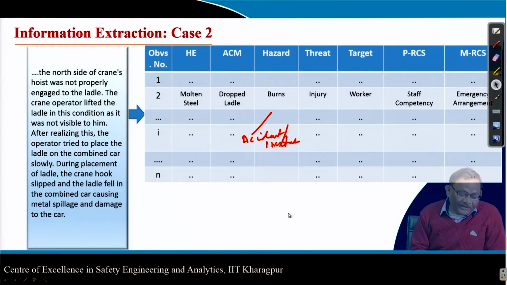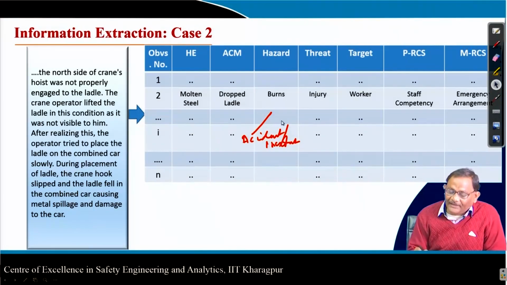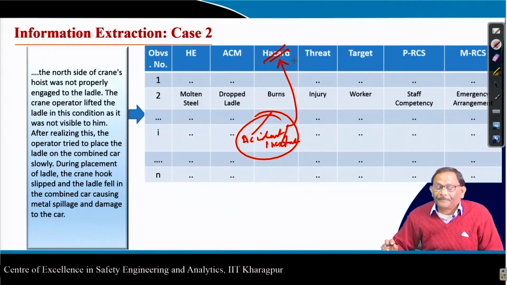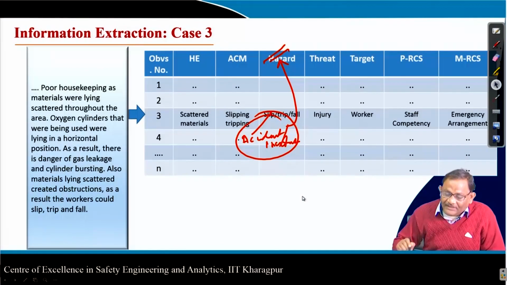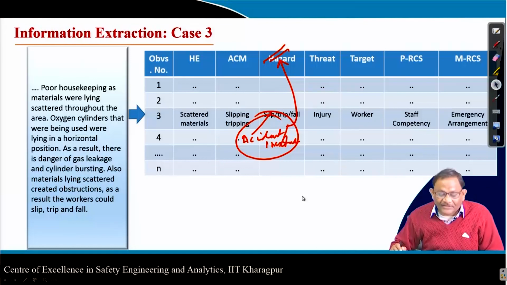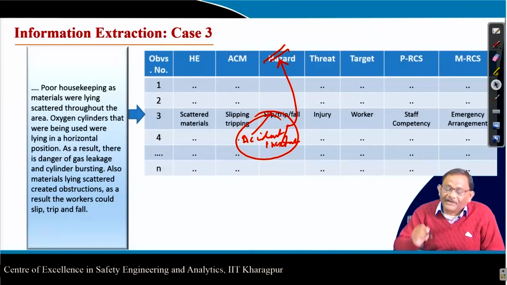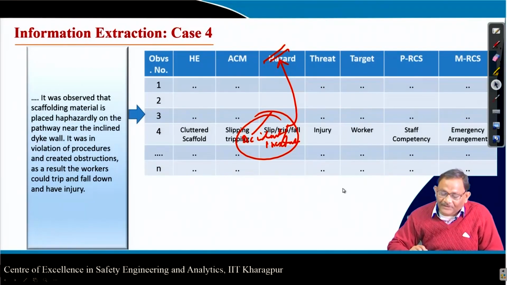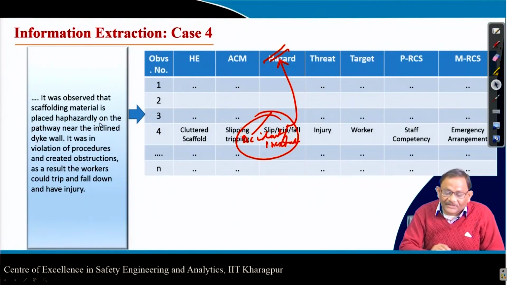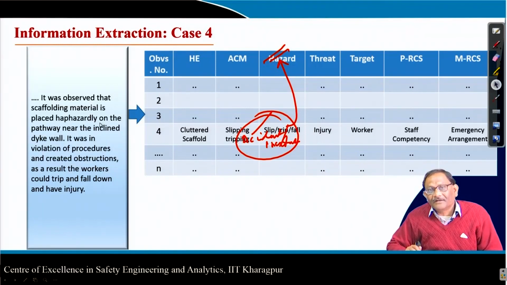Similarly, you can see the second one, and again I will tell you that here you write this hazard and this incident, what kind of incident it is. And then the last one, case 3, is basically a slip, trip, fall accident or incident, and case 4 was also observed to be a slip, trip and fall related accident.